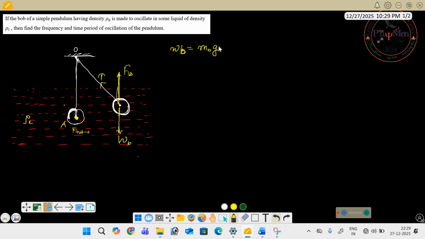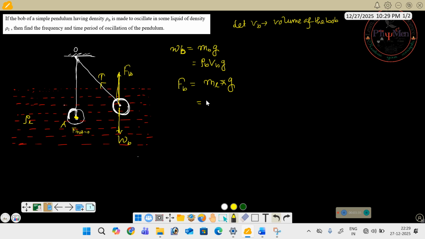Since rho b, the density of the bob, is given, let Vb be the volume of the bob. So weight of the bob will be rho b into Vb into g. Then force of buoyancy will be equal to mass of the liquid displaced into g, right?